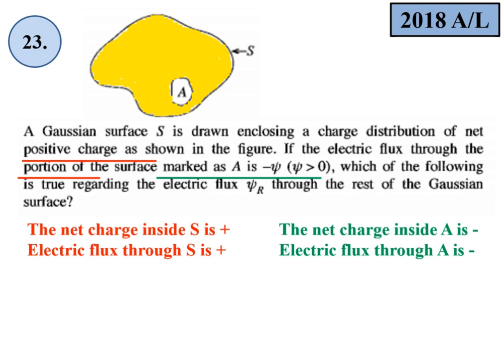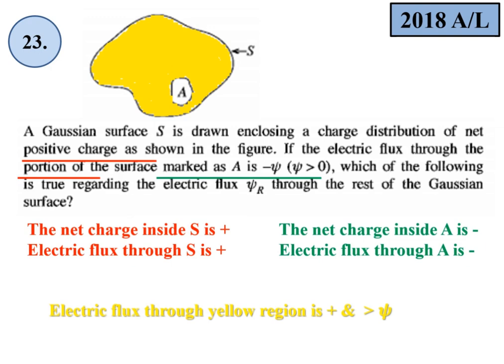And definitely it should be greater than psi, the given value. So the electric flux through the yellow region is positive and greater than psi. The answer is number 5.